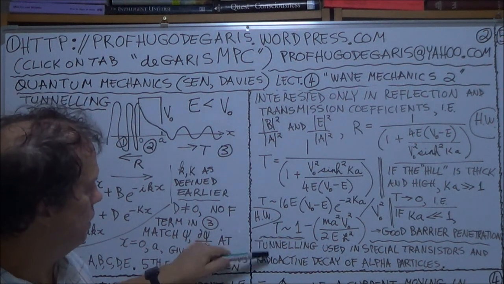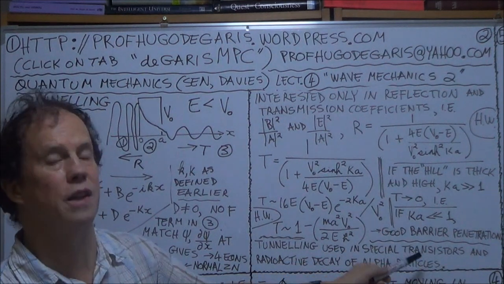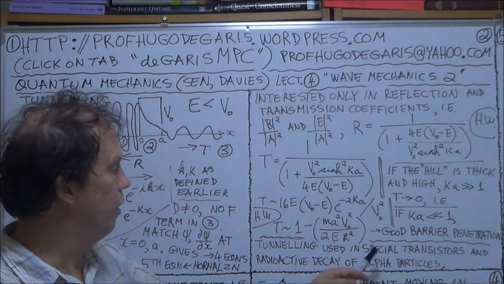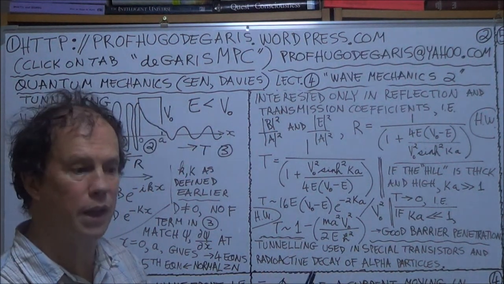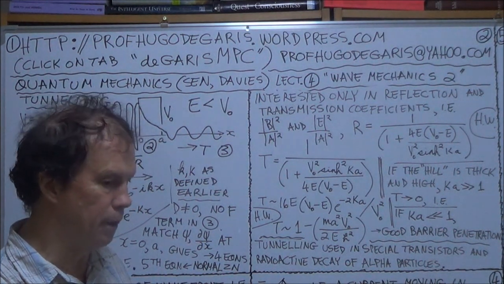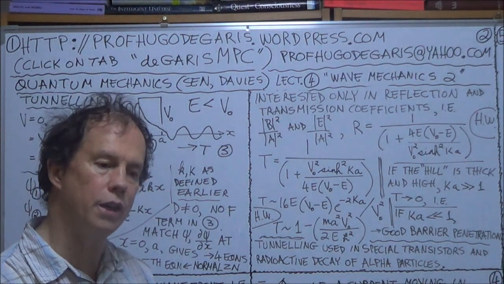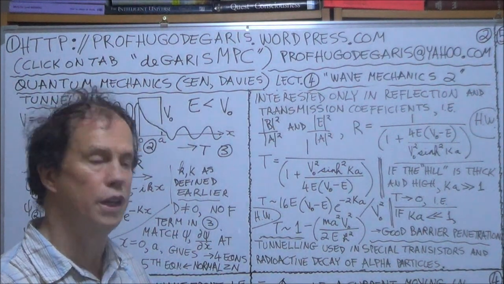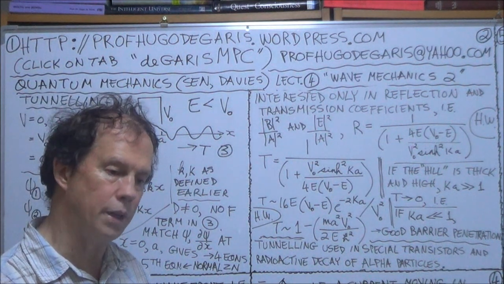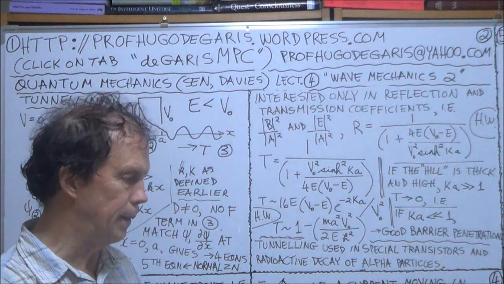Okay, and I said a bit earlier that tunneling is technologically useful. It gets used in certain kinds of transistors, and it has theoretical value because you can explain so-called alpha decay, meaning it explains the radioactivity of heavy nuclei shooting out alpha particles, helium nuclei, because there is a barrier to those particles flying out. They have to penetrate that barrier to get out.